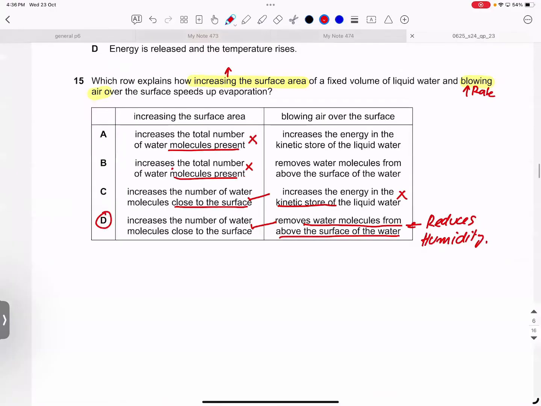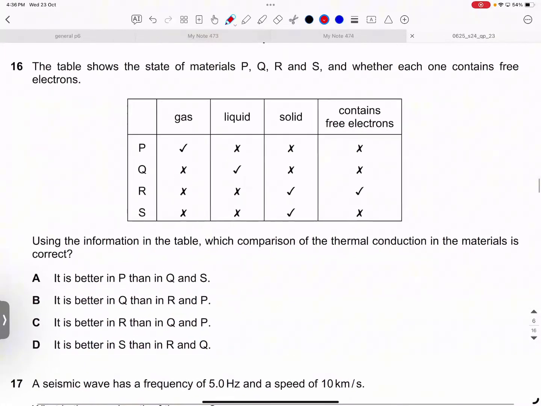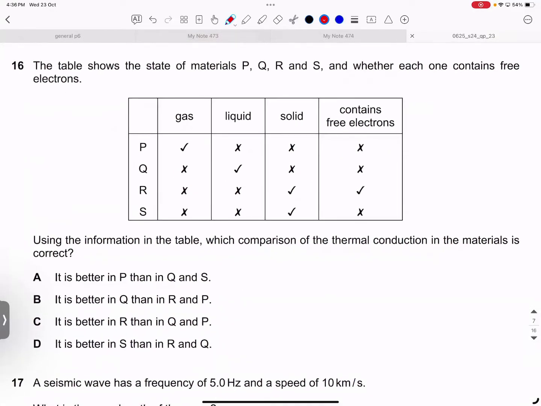Question number 16 says, the table shows the state of materials P, Q, R, S, and whether each one contains free electrons or not.